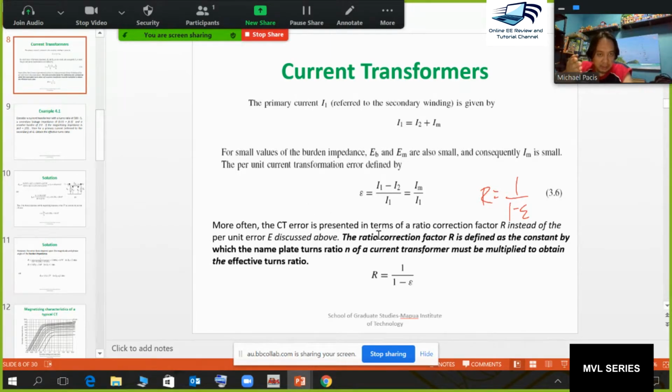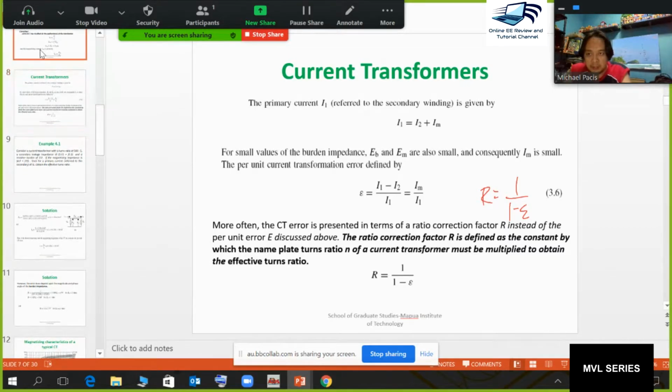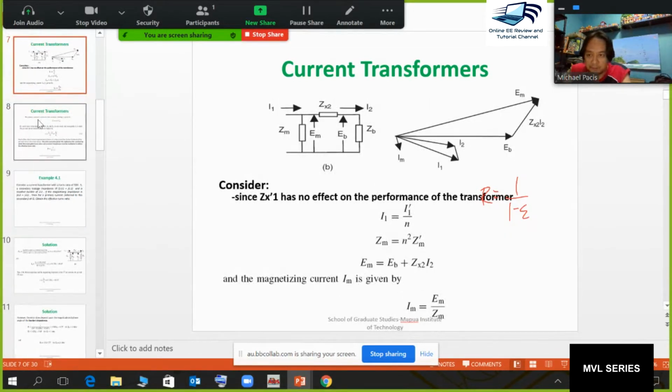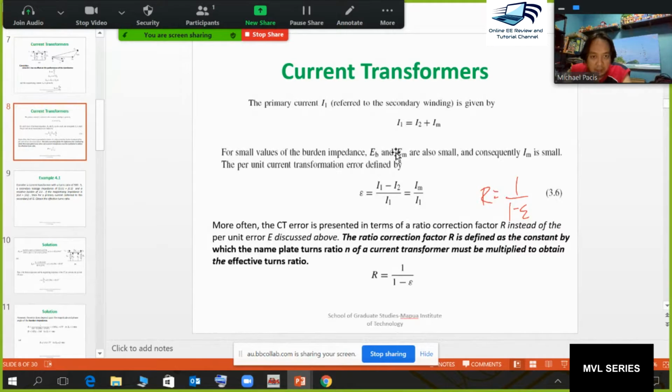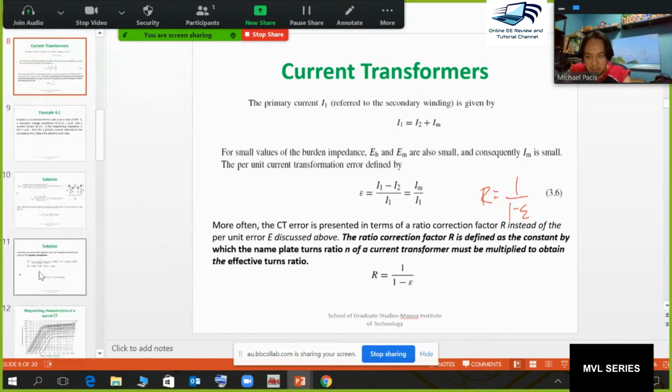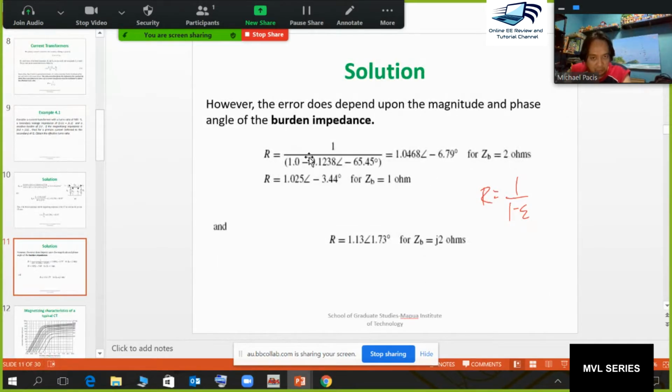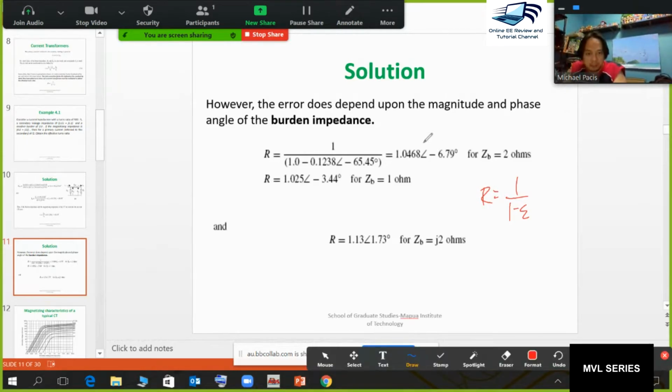Your E is just the transformation error that we use. So in this way, if you do this, the answer will give us 1.468. As you can see, this is our main goal, to get this value here, not the angle, this value only, that you need to multiply to your turns ratio.